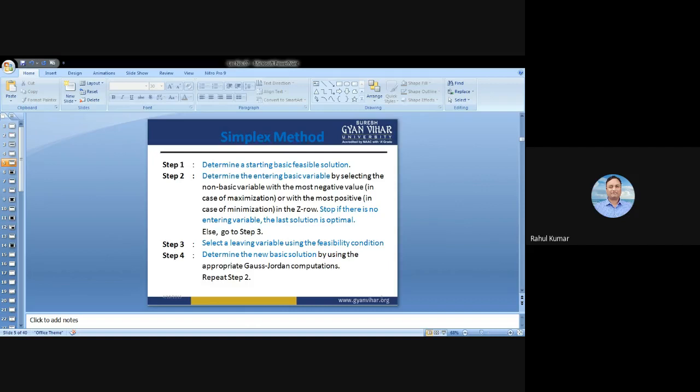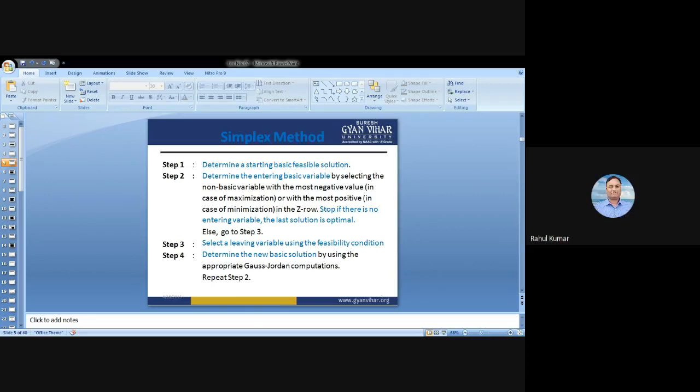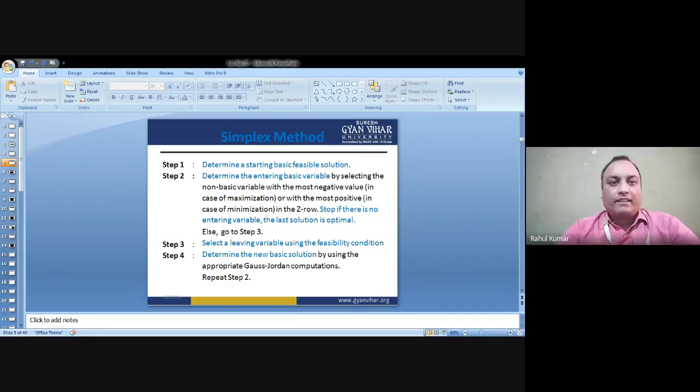For this, determine the entering basic variable by selecting the non-basic variable with the most negative value in the case of maximization. If the problem is a maximization case, then you take the most negative value.